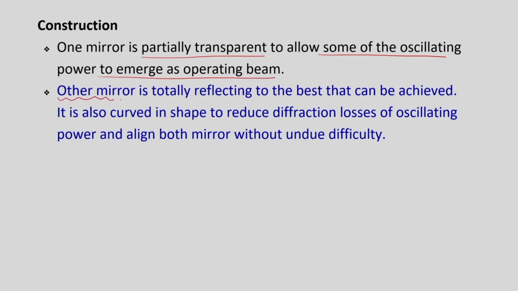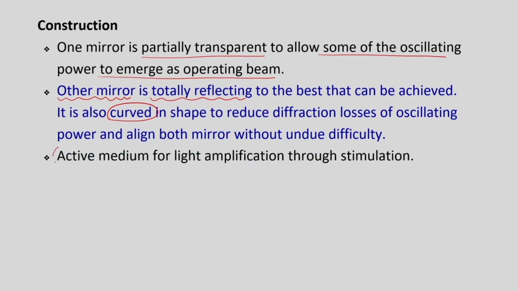The other mirror is totally reflecting to the best it can be achieved, and these mirrors have a curved shape, so that we can get proper reflections and there is little diffraction. The divergence should be as little as possible, and diffraction losses should be as small as possible.